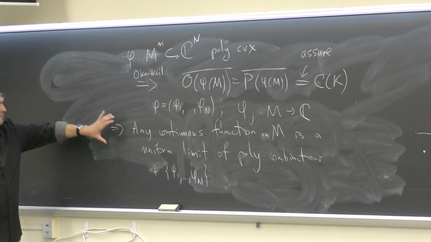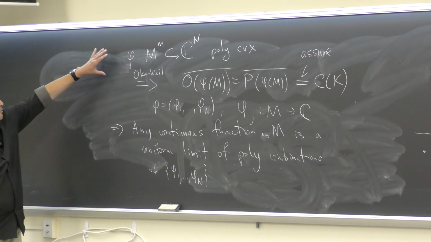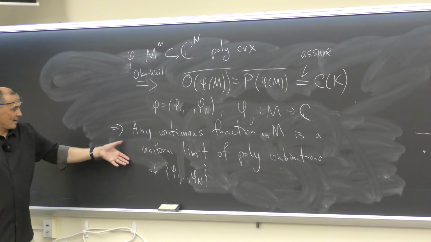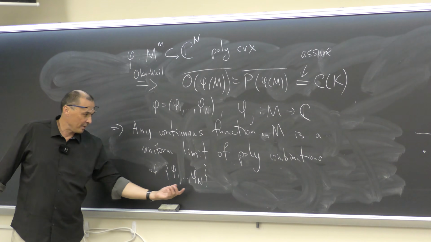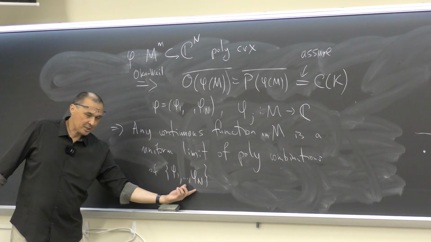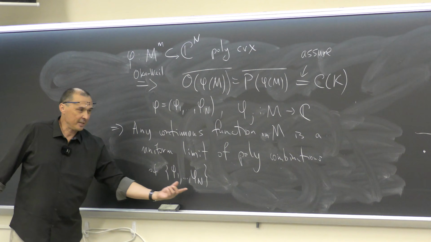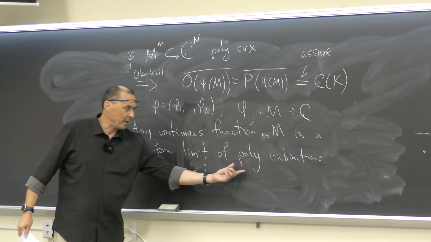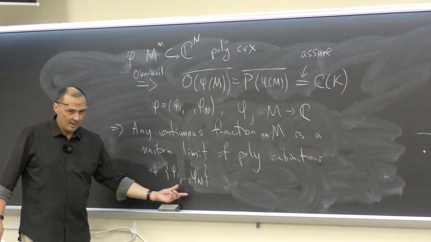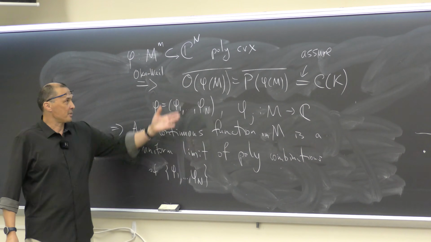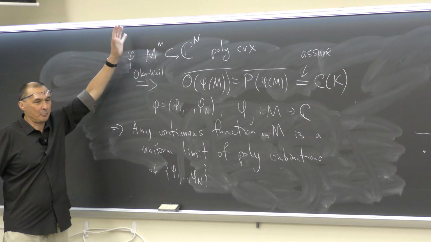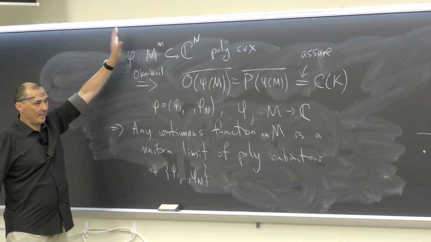So that gives you an approximation on your manifold M by a fixed collection of smooth functions and their polynomial combinations. And so you get some sort of a polynomial approximation on a manifold where polynomials are not even defined or make sense.